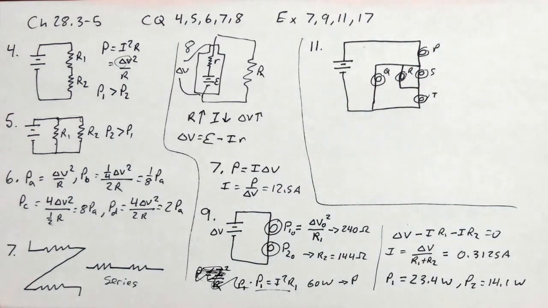Okay, so we have these 5 identical light bulbs. That means the resistances are all the same. When we're trying to figure out the brightness, it's how much power they dissipate. But if the resistances are all the same, that's the same thing as saying either how much voltage is across each one or how much current flows through each one.